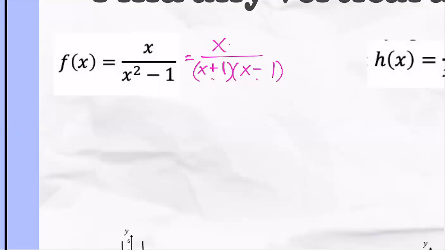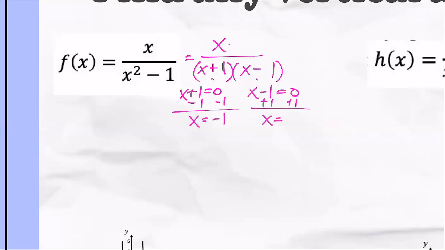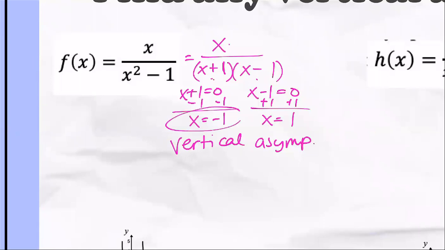Where are they? You have to find out what the factor actually equals. So solving, I get x equals negative 1 and x equals positive 1. So these are my vertical asymptotes: one at x equals negative 1 and one at x equals positive 1.